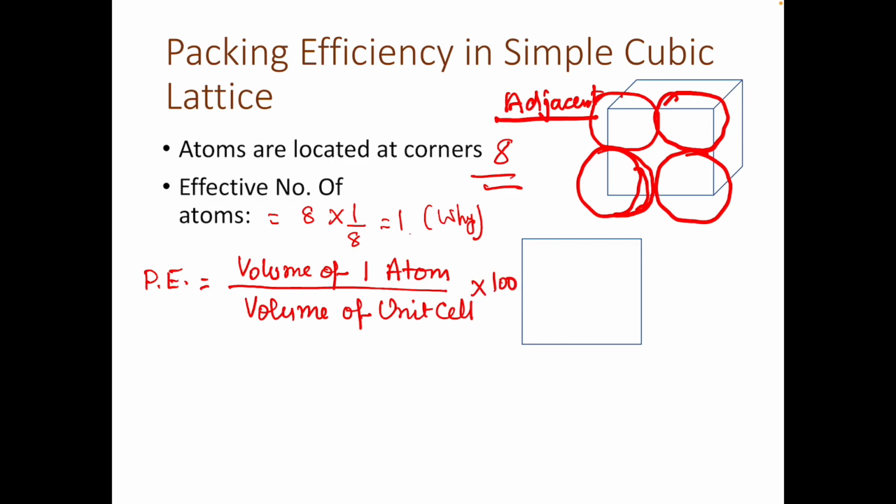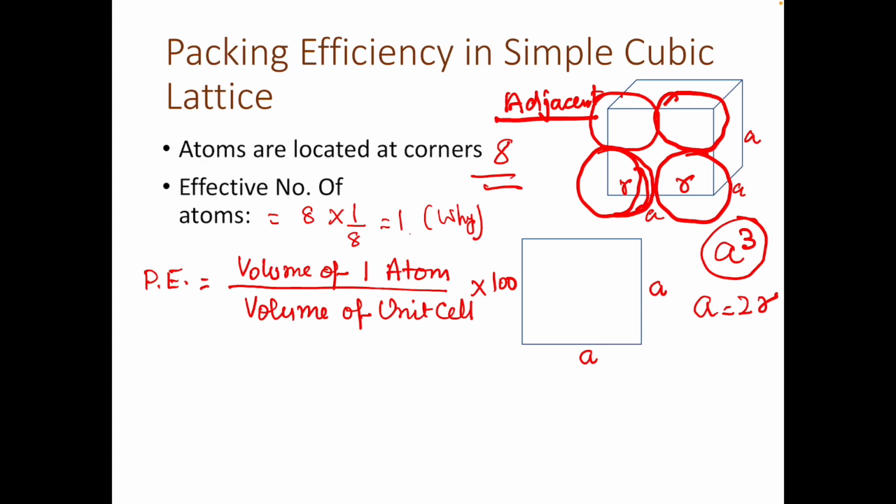Volume of unit cell means, if the edge is A, then the volume of the cube is A cube, and A is equal to R plus R, where R is the radius of the atom, because 2 atoms touch along the edge. So A is equal to 2R.